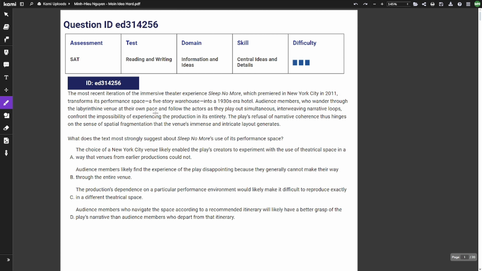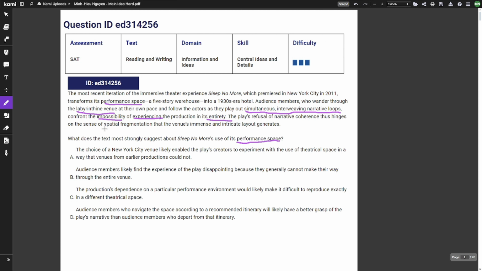Alright, let's look at our question. What does the text most strongly suggest about Sleep No More's use of its performance space? So they're asking about the performance space, and if we look at it, we know that it's this labyrinth venue, and there's these simultaneous interweaving narrative loops, and as a result, it's impossible to experience it fully.